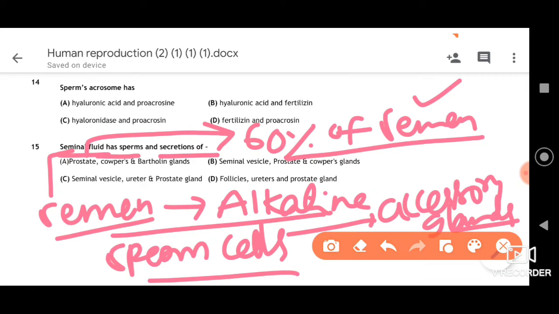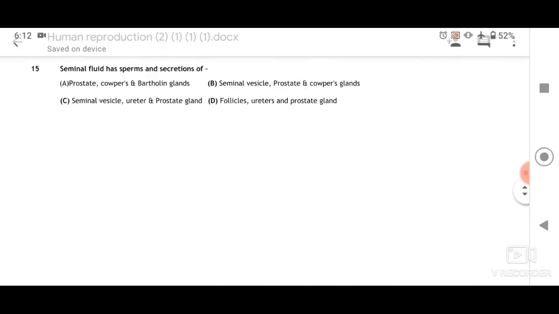Most of the semen comes from the accessory glands and the prostate gland, and of course Cowper's gland secretions are also a bit present. So the right option here is option B: the seminal fluid has sperms and secretions of seminal vesicle, prostate gland and Cowper's gland. So this is about question 15.